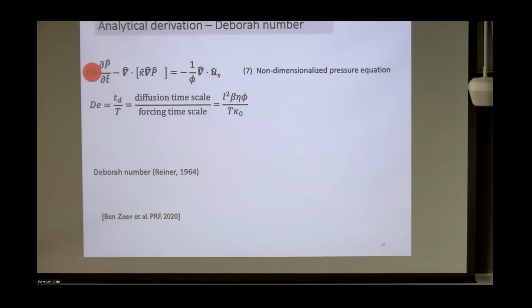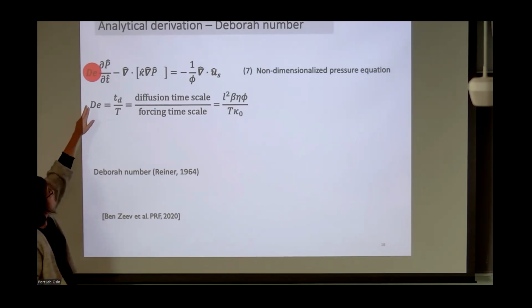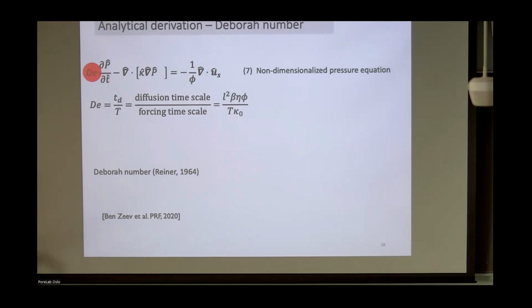So one can write a non-dimensional pressure equation, which looks like this. The same pressure equation for the fluid, now in non-dimensional variables. And the controlling parameter is the de Boer number. The Deborah number is a non-dimensional parameter introduced by a guy named Reiner in the 1960s.